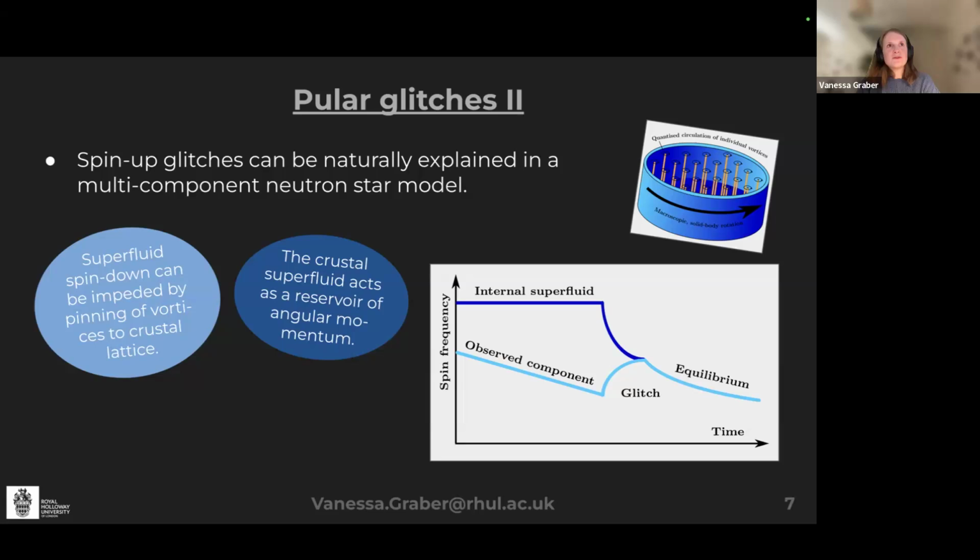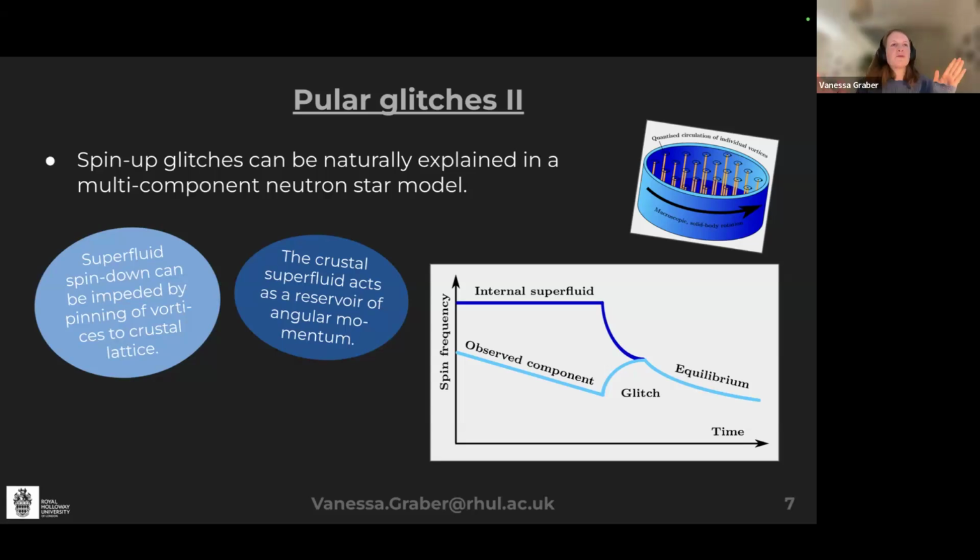And it turns out that the superfluid is really crucial to building up this multi-component model, because it is possible, because of the interaction of these vortices with their environments, to really prevent the superfluid from spinning down. So I can do this primarily, this is the standard picture, in the neutron star crust, where the vortices can pin to the crustal lattice. And I can essentially prevent the superfluid from changing its areal density, which is coupled to the angular velocity.